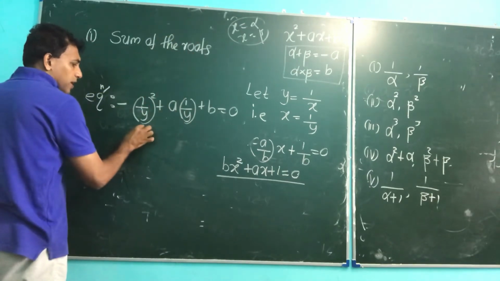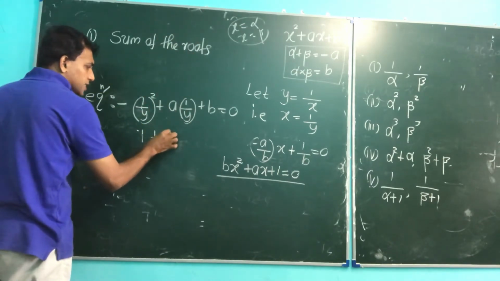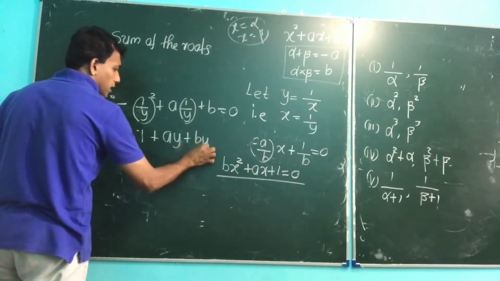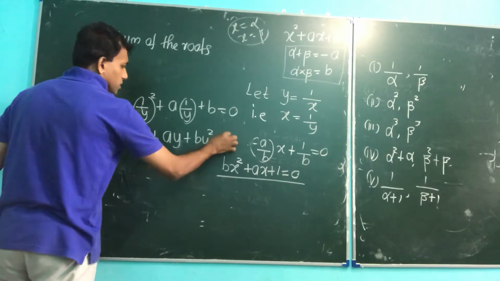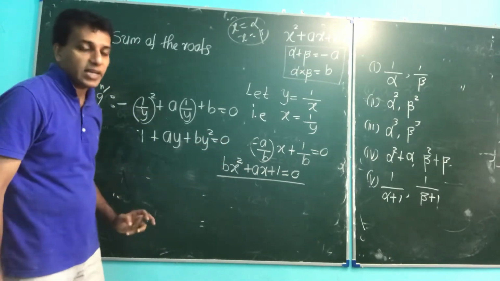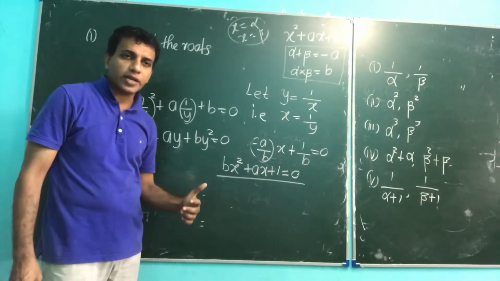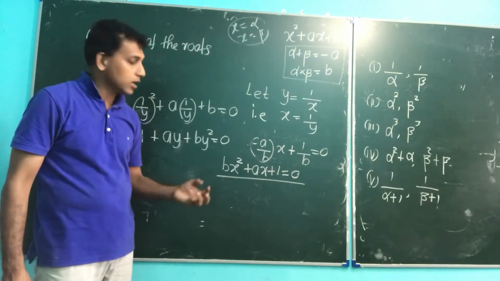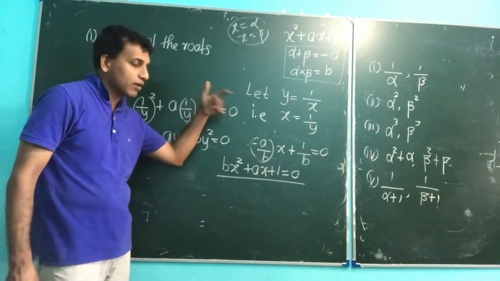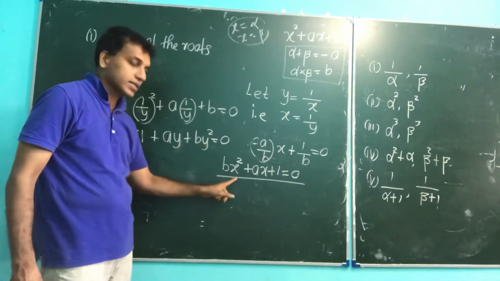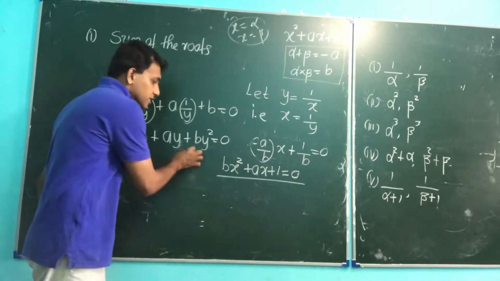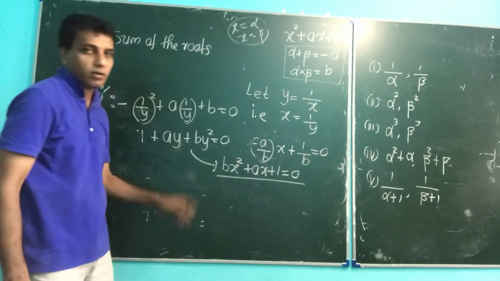Multiply by y square: 1 plus ay plus by square. Finally, if you want to write the equation in x, now you forgot everything, write y for x. See, that's the answer, same answer available.